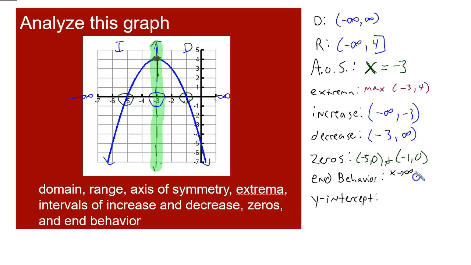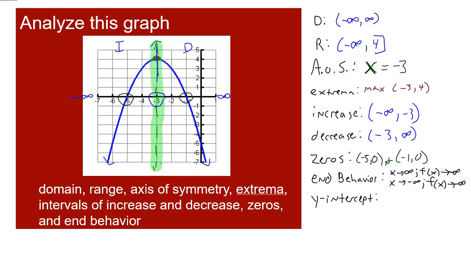I'm going to go to the right, and I'm going to go to the left. On the right, down. That's negative infinity. On the left, down. That's also negative infinity. So both right and left are going down towards negative infinity.